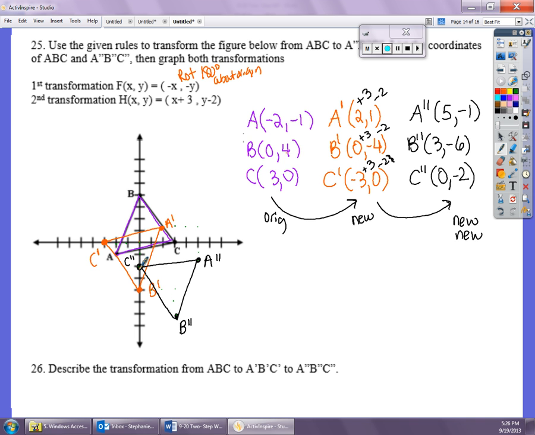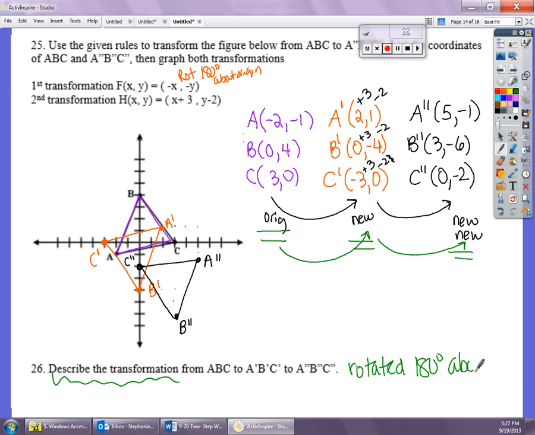And that's what should have happened in your picture. So now it says describe the transformation. That means in words, say what happened from original to new to new. So basically from original to new, we rotated 180 degrees about the origin.